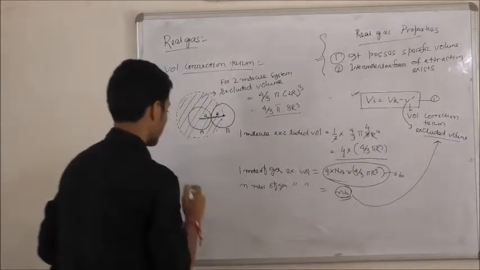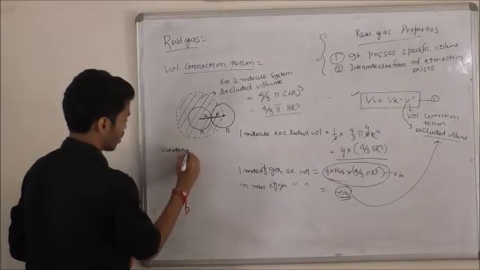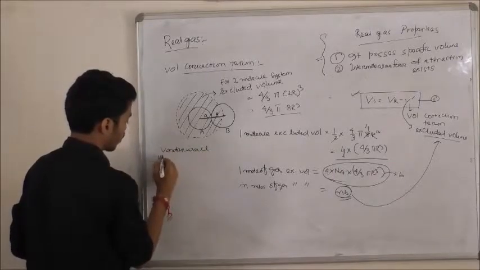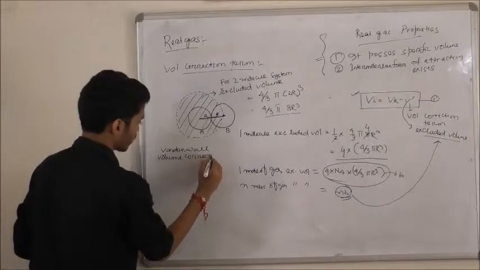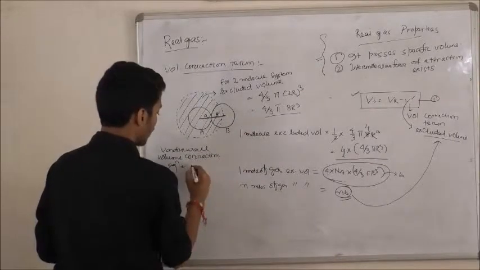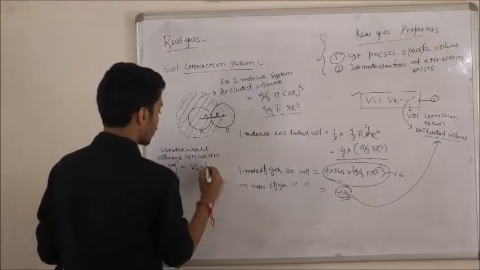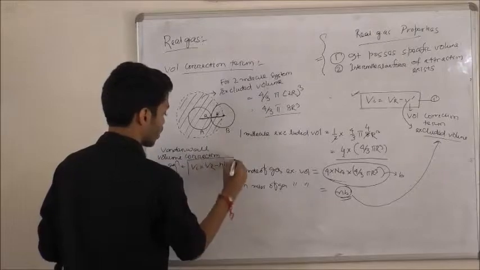So the Van der Waals volume correction equation will now be Vi equals Vr minus nb.